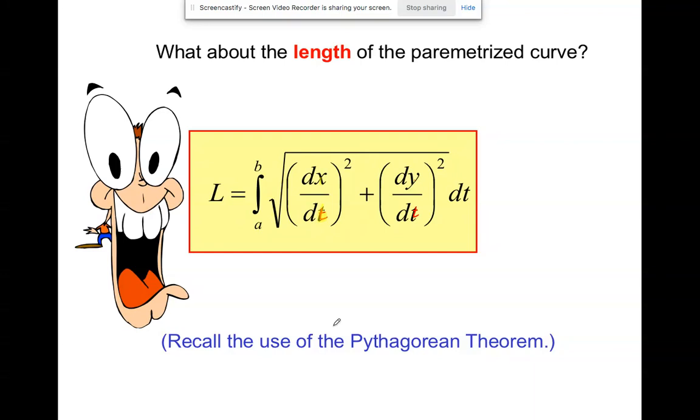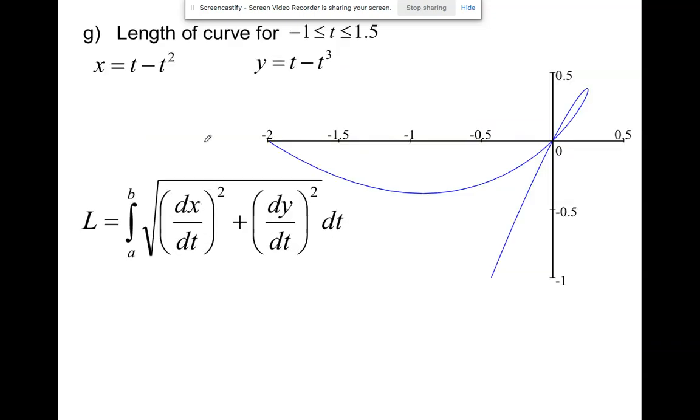The length of a curve is Pythagoras. For parametrized, remember you have t, so instead of 1 plus dy dx squared, you have both derivatives, but with respect to t. So you are integrating with respect to t, so what does that say that these values must be? These need to be t values, okay? So watch out for that. So that's how we're going to do the last problem that I gave you.